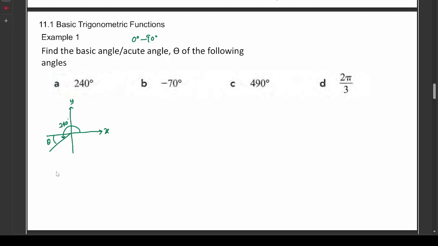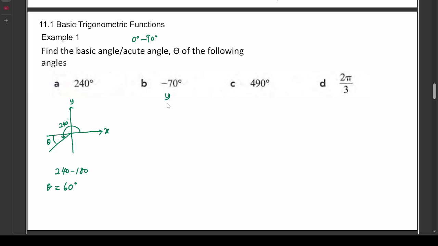Up until here is 240, so I minus 180, and that gives me 60. So theta is 60 degrees. As you can see, I'm moving anti-clockwise because it's a positive angle. So the basic angle is 60 degrees.